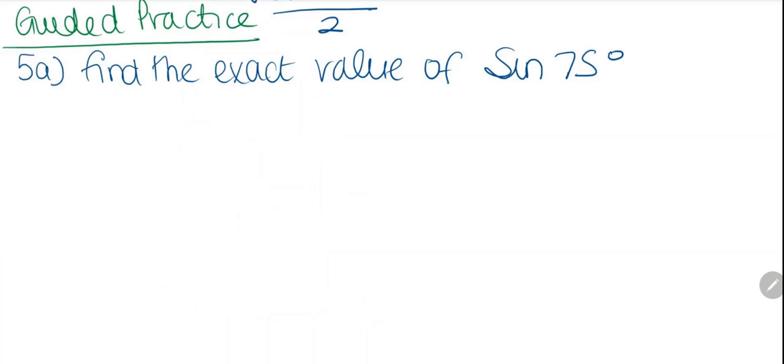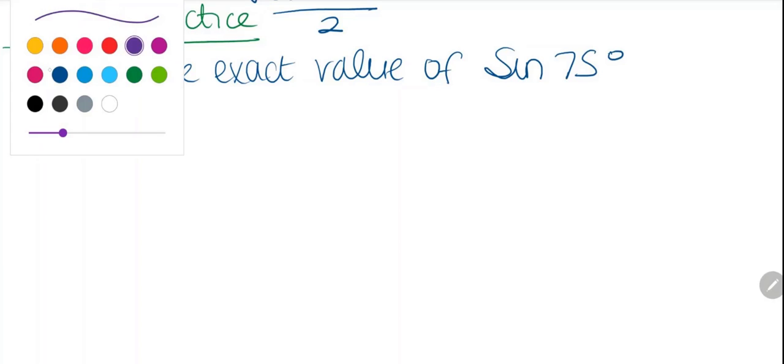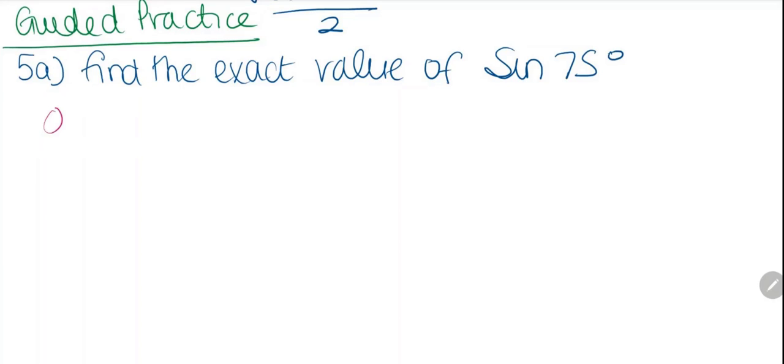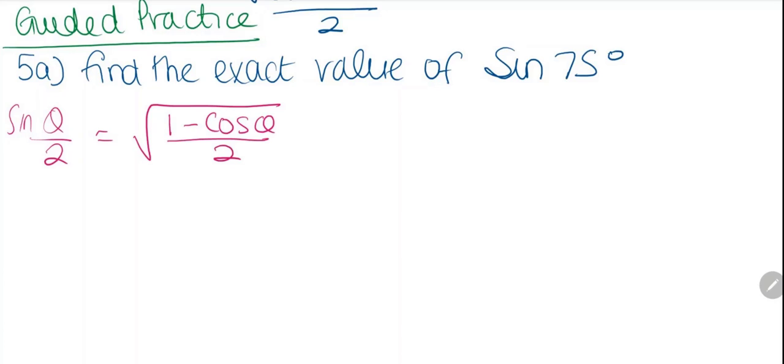Okay, so a question. So we have 5a, find the exact value of sine 75. So the first thing we need to do is write down the formula. So sine theta over 2 is going to be the square root of 1 minus cosine theta over 2.